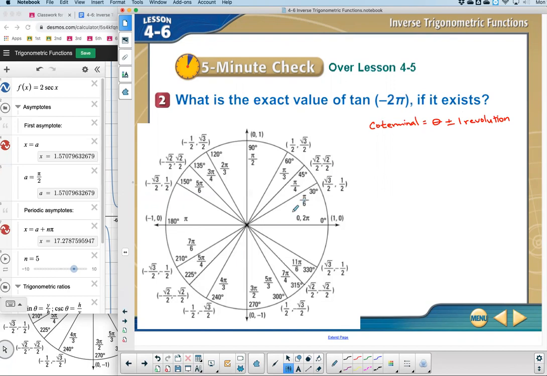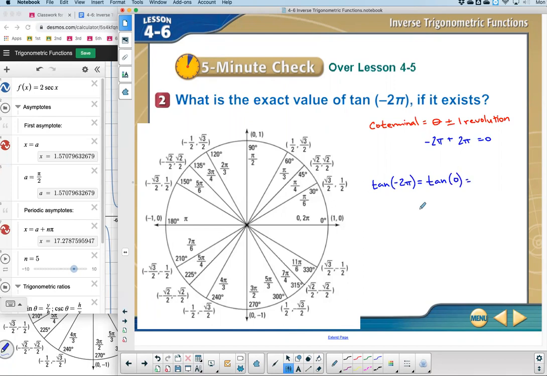In this one, I'm in radians. -2 pi is not on there because it's too small. So I would take my -2 pi and add the revolution. One full revolution is 2 pi. -2 pi plus 2 pi is 0, which means tangent of -2 pi is going to equal the tangent of 0.